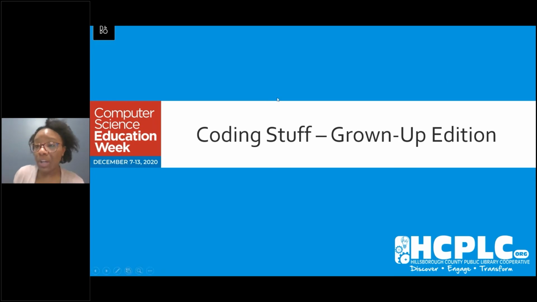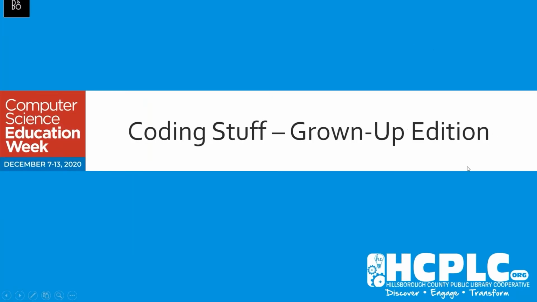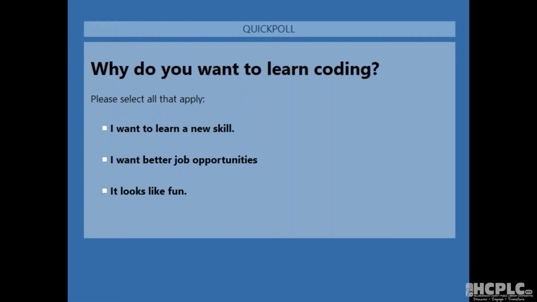Before we jump into all of the lovely resources we'll be discussing, I actually want to ask our audience a question. I'm going to take myself off camera so we can jump in. Why do you want to learn coding? We've got three options, and you could select more than one. You could select all of them, two of them, or one of them.